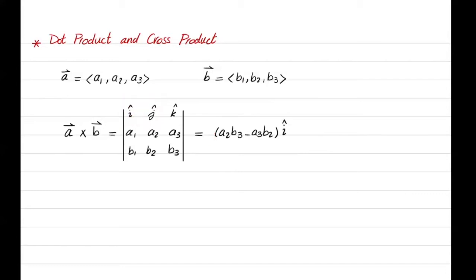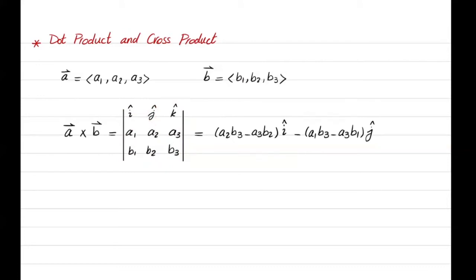Then we will have the second term, which is the multiplication of j and the determinant of this submatrix A1, A3, B1, B3. Since j is in the first row and the second column, and this summation is equal to 3, which is an odd number, the sign here is negative.